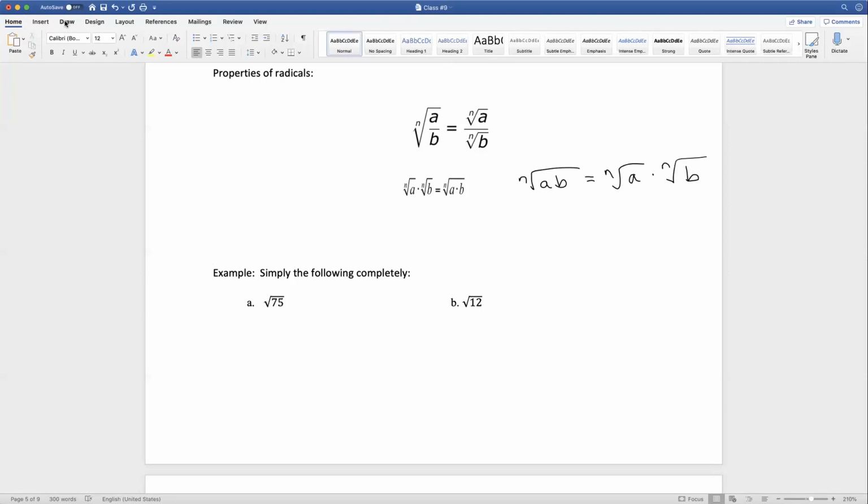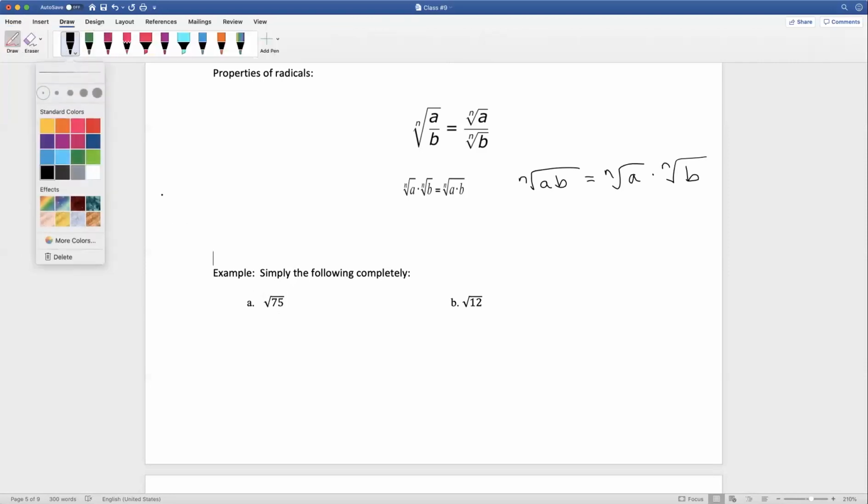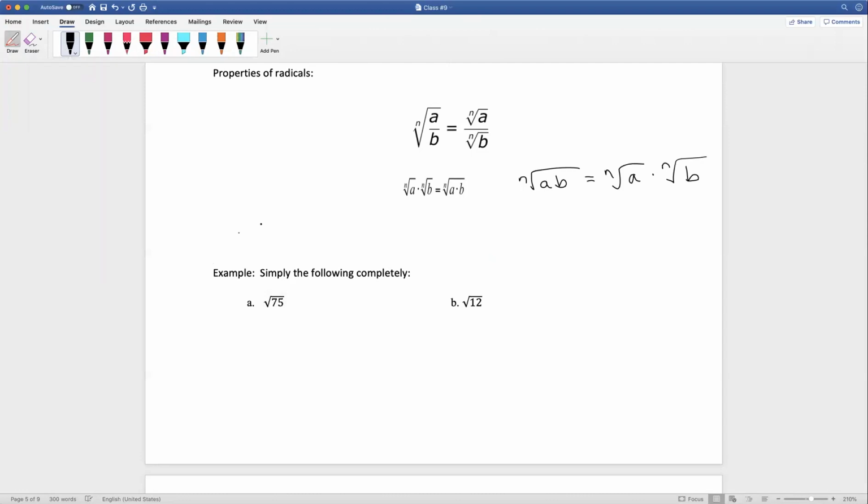Okay. So here's one way that we can think about this. If we're dealing with the square root of 75, that means that we can't have any perfect square factors of 75. If we do have a perfect square or bigger factor of 75, then that means that we can simplify it further. So for these guys, what I like to do is think about all of the factors of 75, all of the factors of whatever the radicand is.